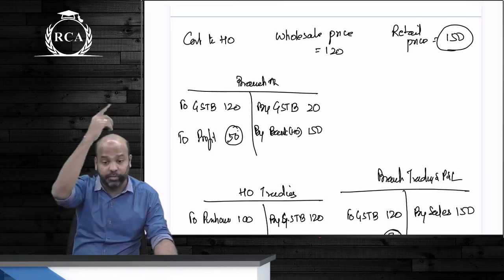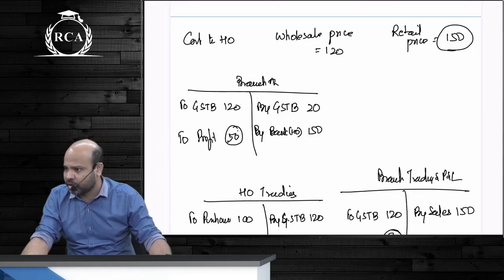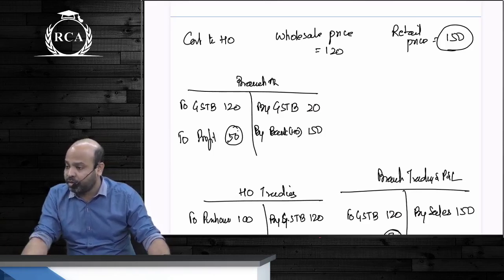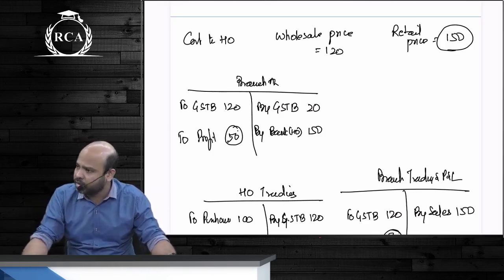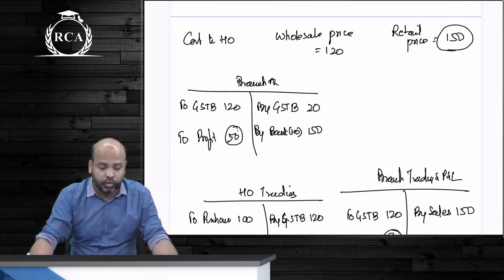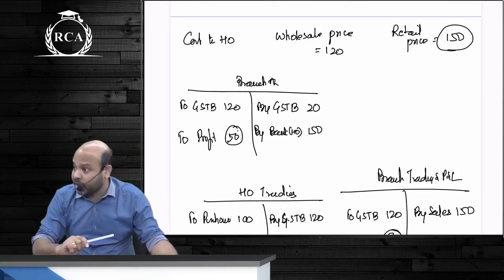Who is recording the corresponding profit for this? Head office is recording the corresponding profit on the transfers that are being made. One thing that you should know beta is head office will have to provide for unrealized profit stock reserve. Why is this coming? If there's any inventory that is being transferred guys by head office to branch, and the inventory is lying unsold at branch, head office has already booked profit on it.